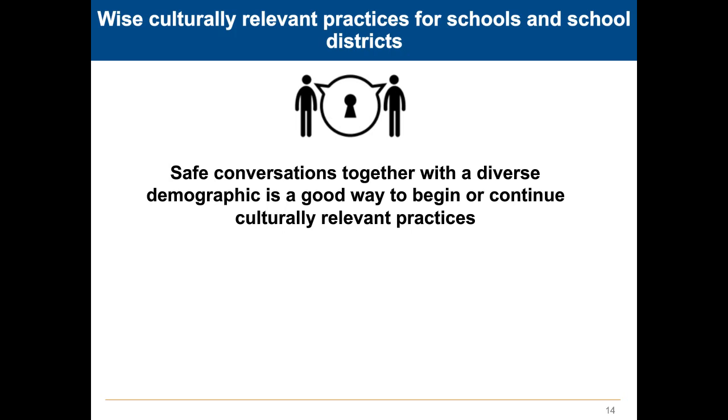It doesn't matter if you're in a rural, urban, or suburban school district, your Board of Education is always going to agree that all children need to be making as many gains as possible. And that's a great place to start to have conversations around culturally relevant practices.